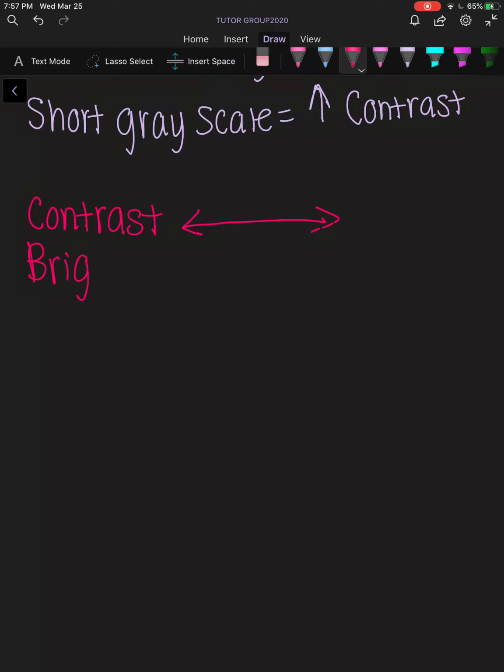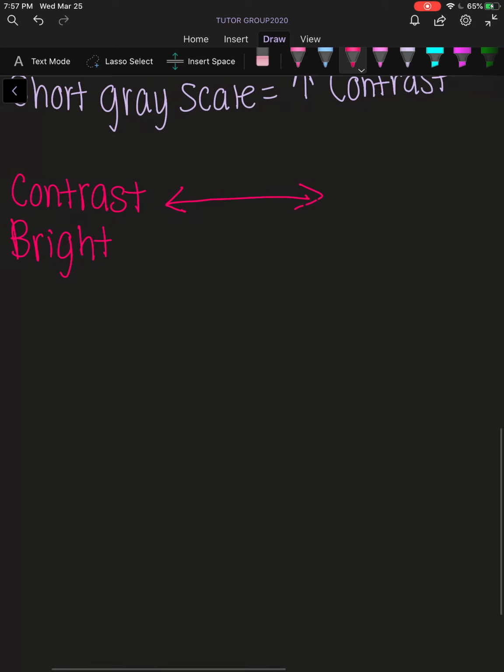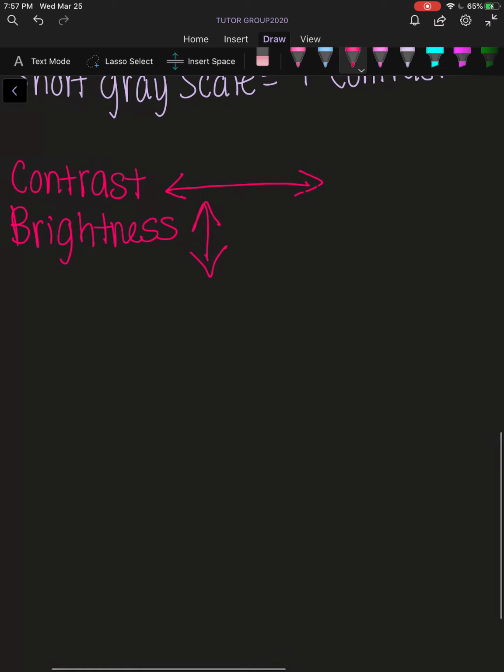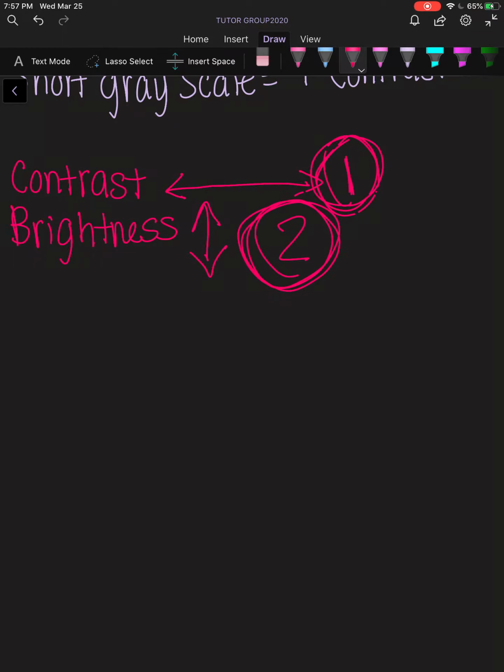Your brightness is controlled up and down on the side. And you're always going to want to adjust your contrast before your brightness. So this one is adjusted first, this one is adjusted next. Always remember that.